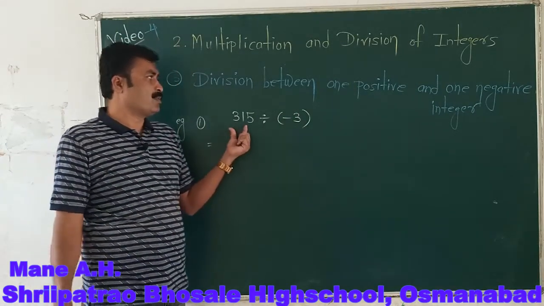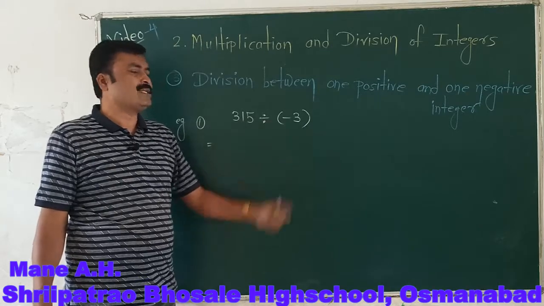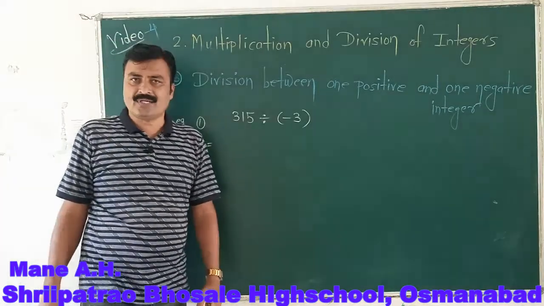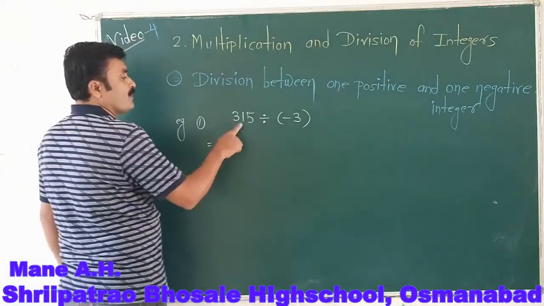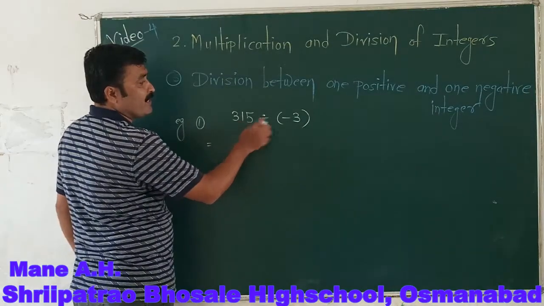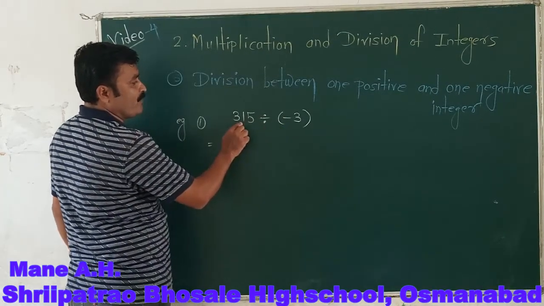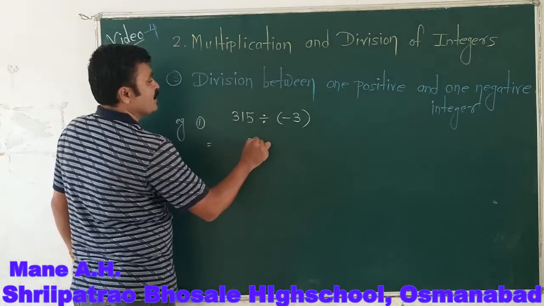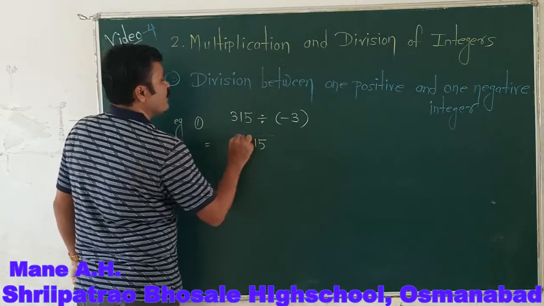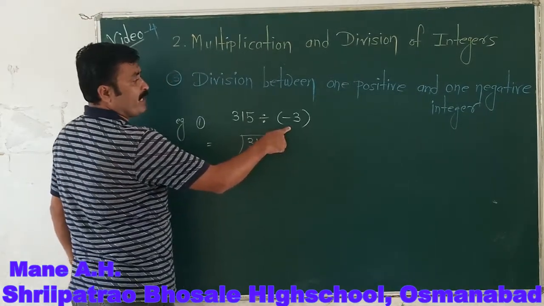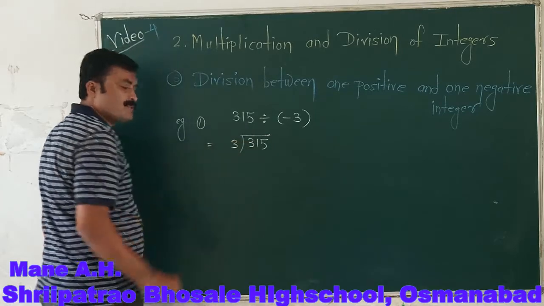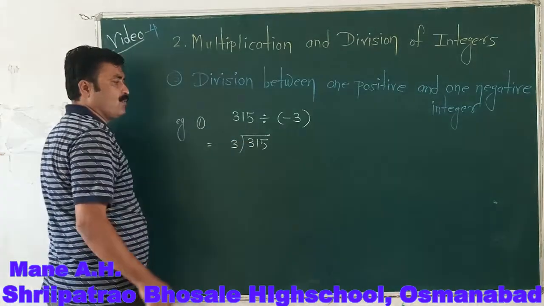315 is a positive integer, -3 is a negative integer. So first we take the division between their magnitudes. So the magnitude of +315 is just 315 divided by the magnitude of -3, which is just 3. So let's start the division.